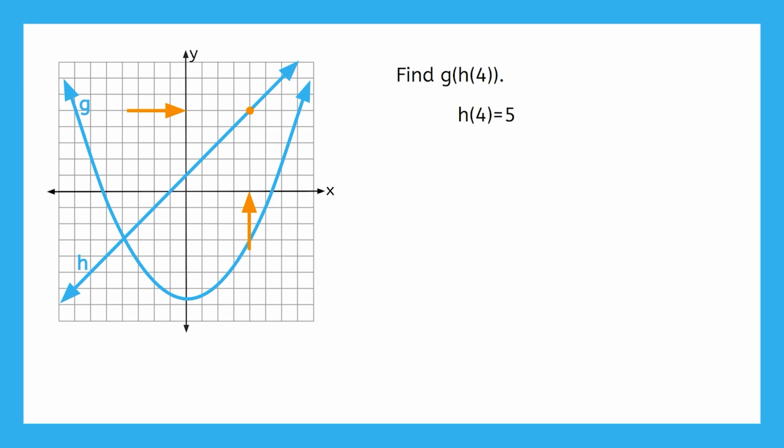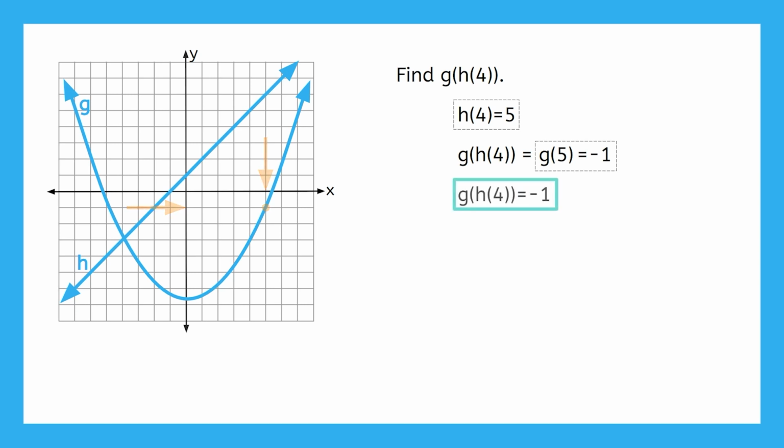So h of 4 is 5. Next, we're going to work on g of h of 4. We can use our output for h of 4 to rewrite this as g of 5. And if we input 5 on the graph, we find that the output for function g is -1. So g of 5 is -1, which means that g of h of 4 is -1.